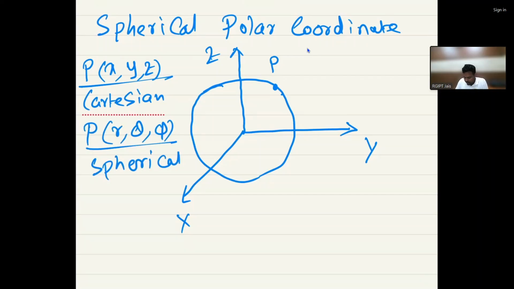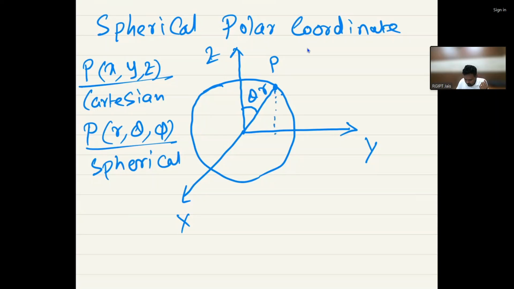So what are r, theta, phi? We define r as the distance of this point P from the origin. And theta is this angle from the z axis, and this we call the polar angle. And for phi, we need to make a projection.